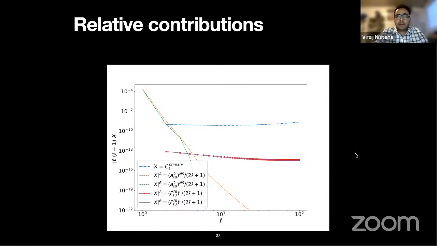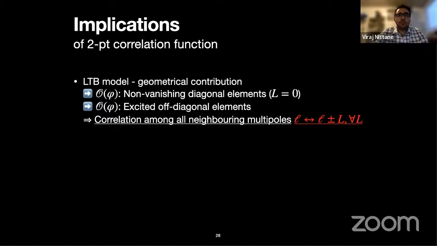Now we can look at the implications of the 2-point correlation function. We have seen that in the LTB model, there is mainly the geometrical contribution to the CMB temperature anisotropy in the case of a static observer.